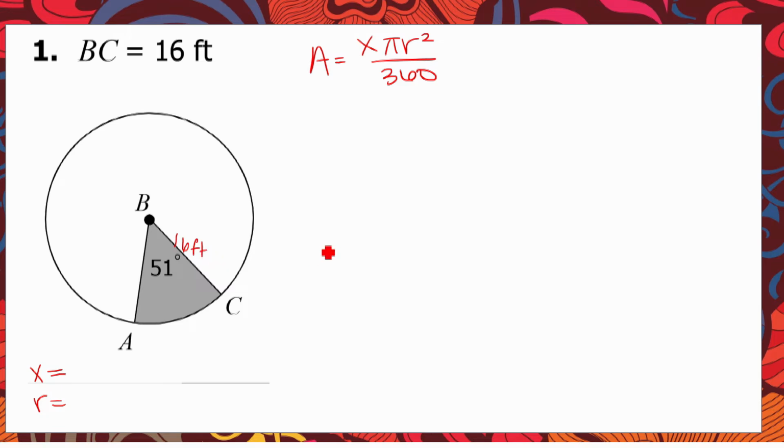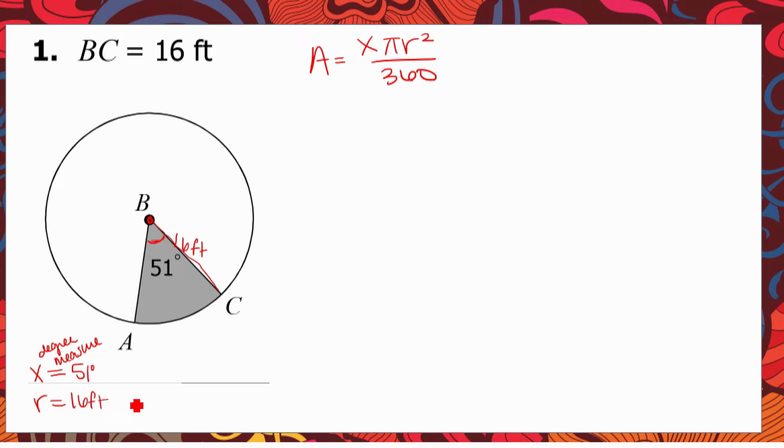So x, again, is the degree angle measure of the shaded part. Here, the shaded part is 51 degrees, so we have 51 degrees from there to there. And then the radius from the center all the way out to the side is 16 feet.